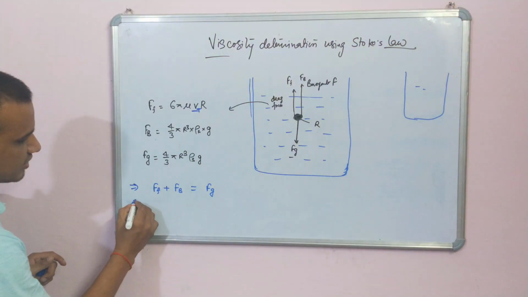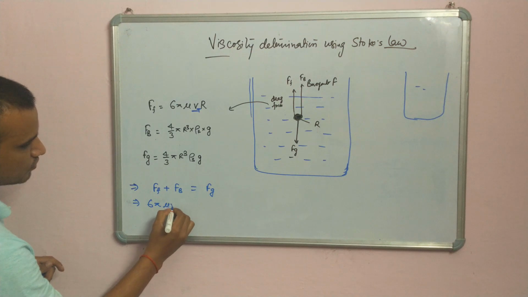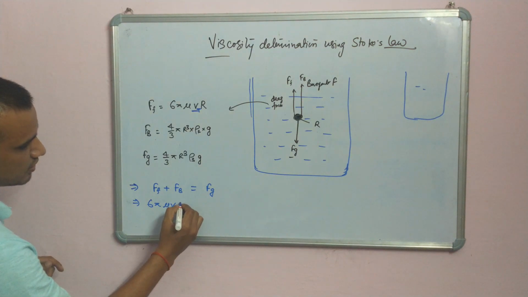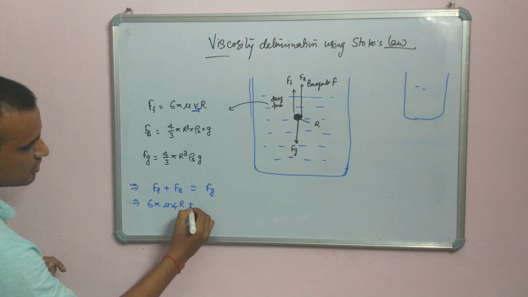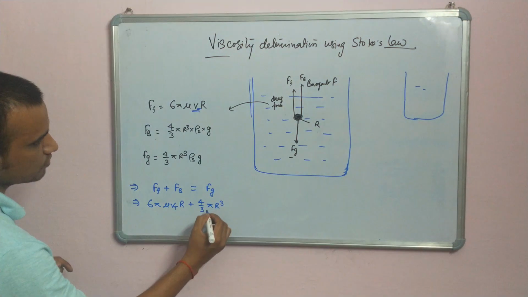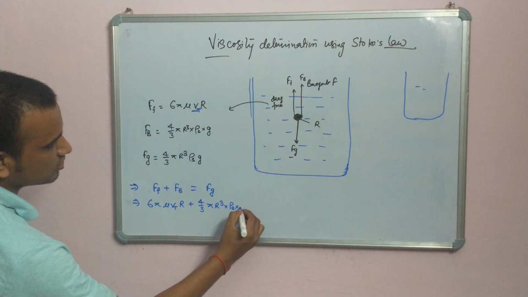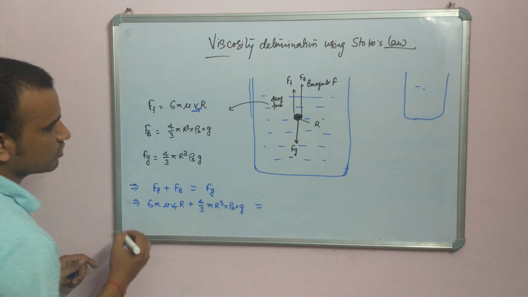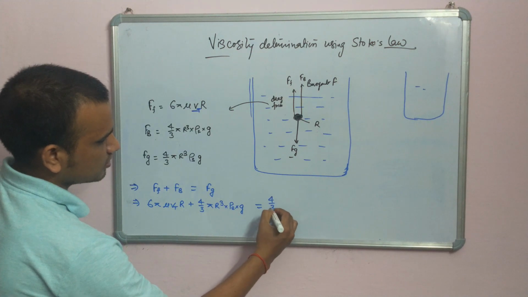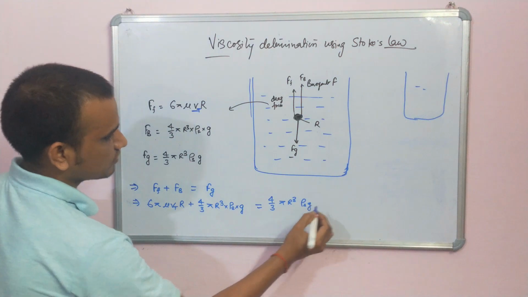So now let us write this. F of F, that is 6 pi mu Vt into R, plus 4 by 3 pi R cube into density of liquid into g is equal to 4 by 3 pi R cube density of solid into g.